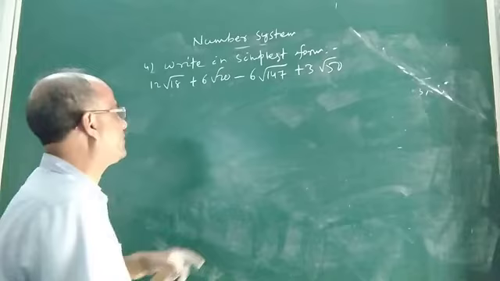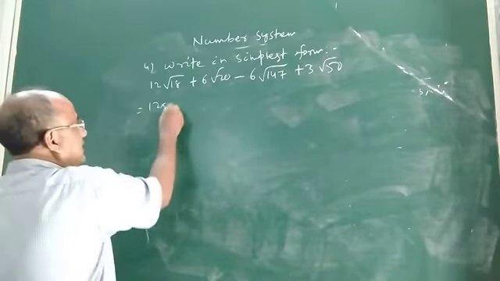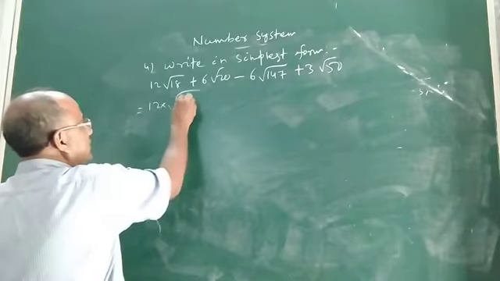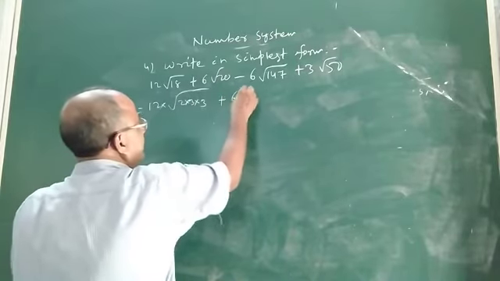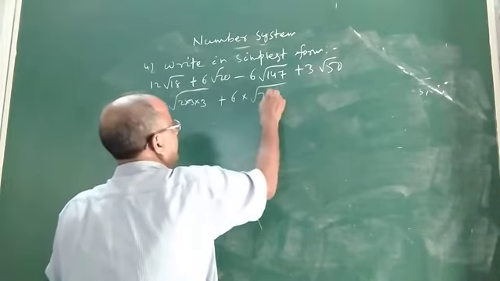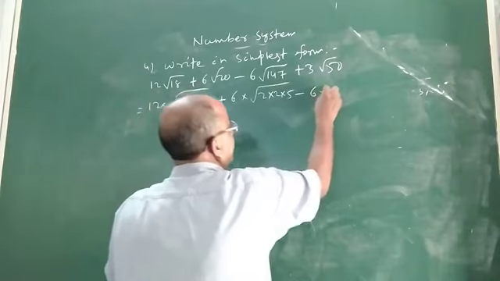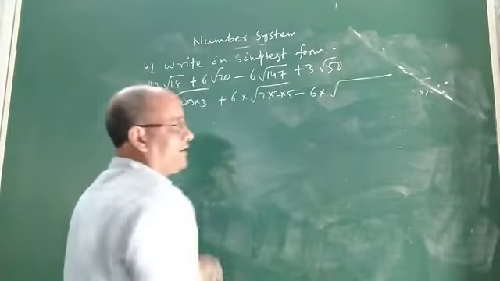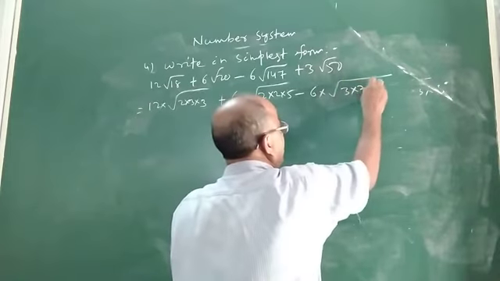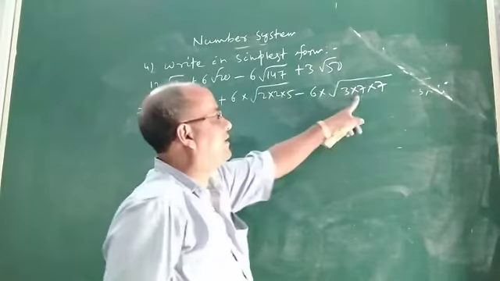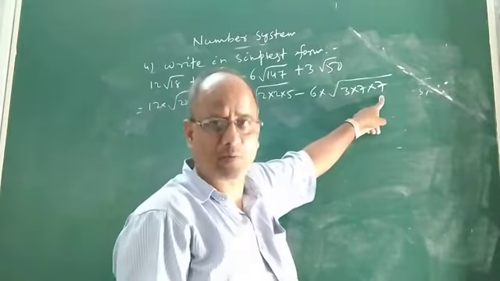So what to do? 12 into, you break 18, it is 2 into 3 into 3, plus 6 into, this will be 2 into 2 into 5, then minus 6 into root 147, it will be 3 into 7 into 7. 3 7s are 21, 21 7s are 147.